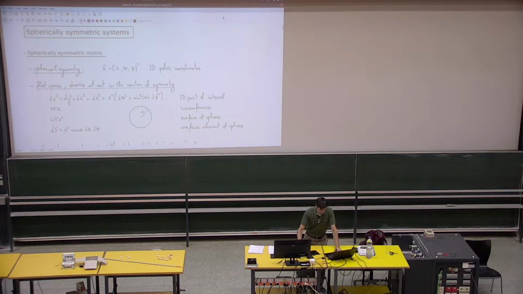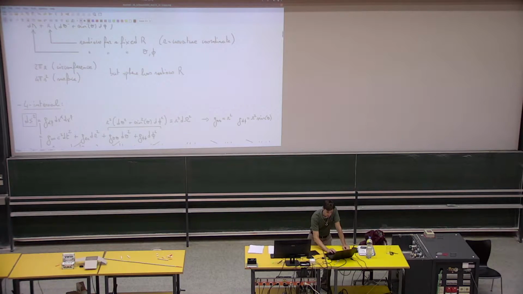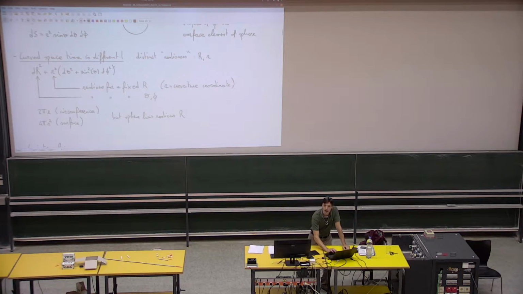I showed you that for convenience, it's good to use spherical symmetric coordinates, as one would do in a three-dimensional space. But now one has to take care that we are dealing with a curved space-time, and therefore when measuring the circumference of a circle or the surface of a sphere, we need to take care that the radius, the meaning of a radial distance with respect to the center of the sphere, where r now is the diameter of the sphere, is different.